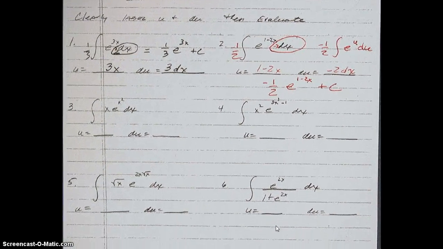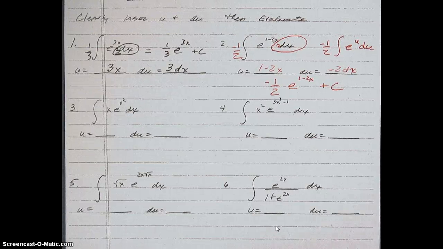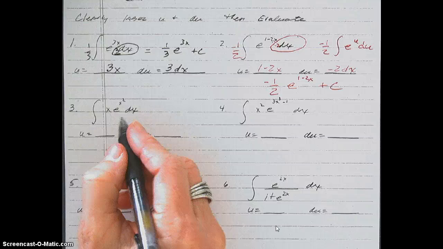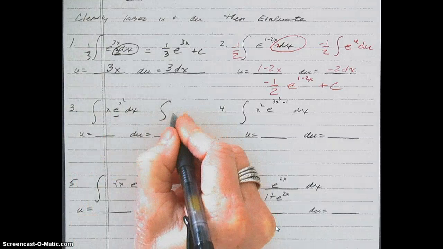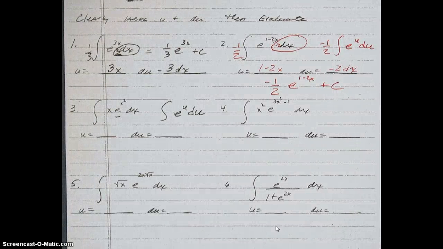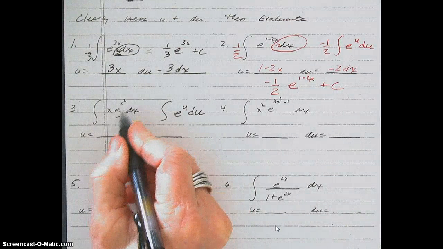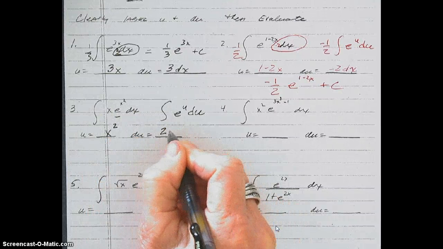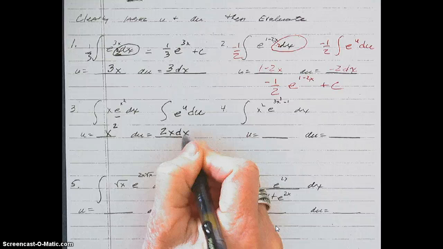So keep in mind when we have an antiderivative that looks like a product, remember we don't have a product rule. So we're going to try to fit this into an e to the u du, because that's all the rule that I have. So u in this case is going to be the power. du is the derivative of that power.